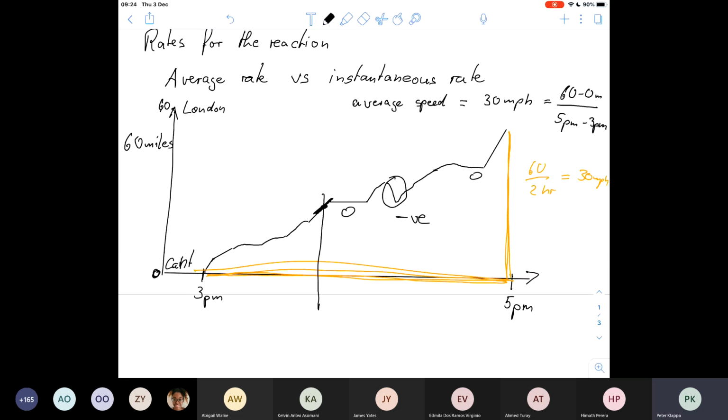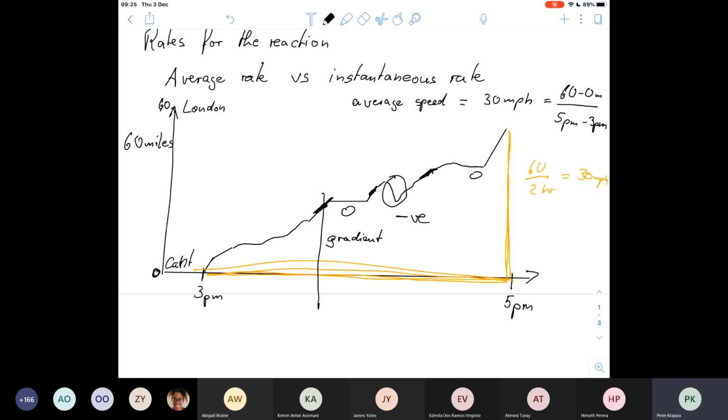We need to find the gradient at this point here.